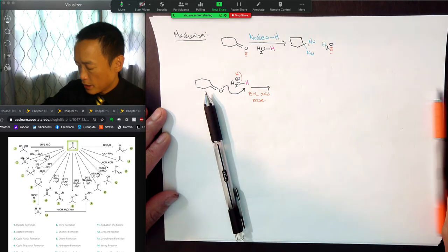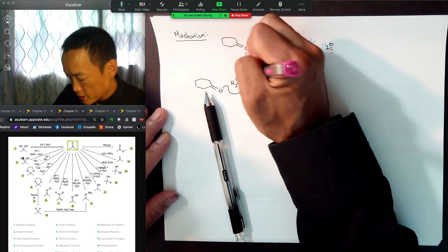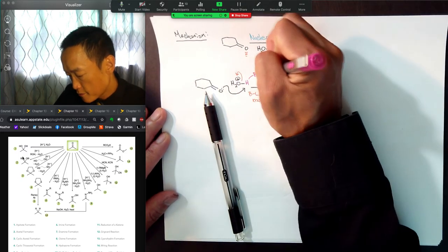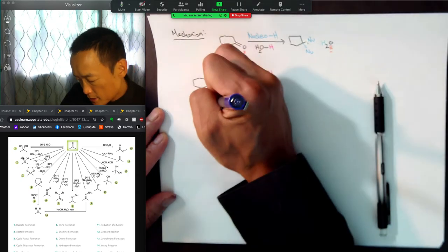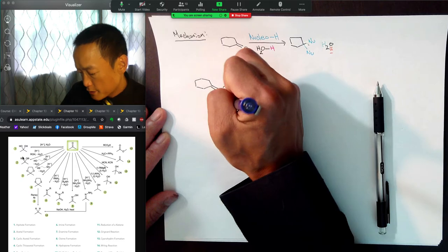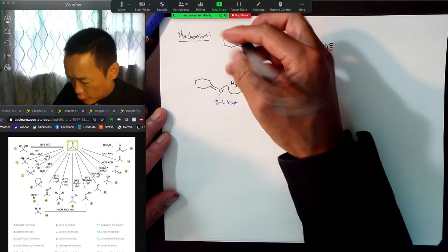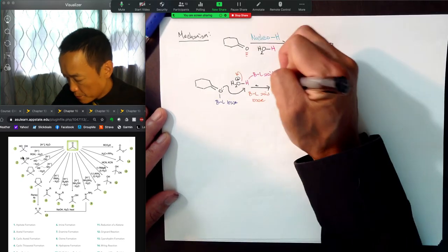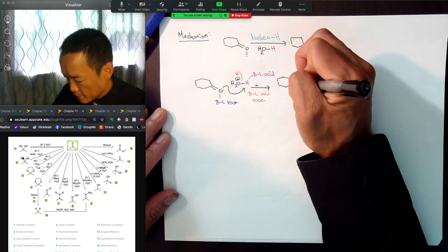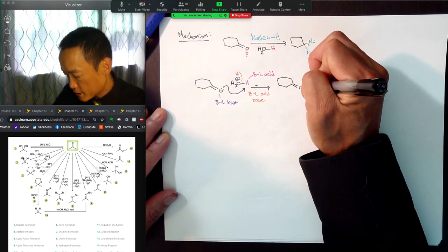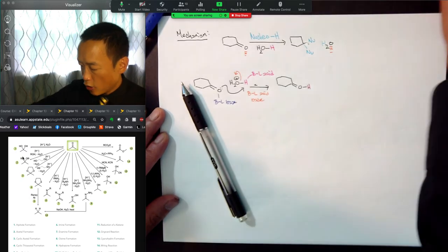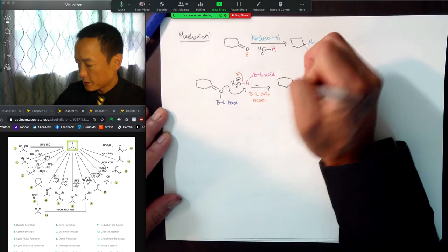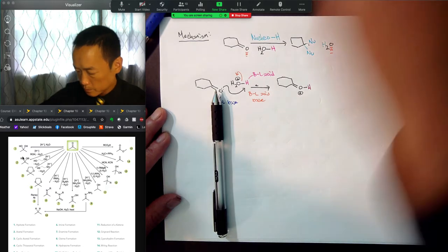We have a Bronsted-Lowry acid here. We have something that will behave as a Bronsted-Lowry base here. And so this equilibrium reaction would impart some type of proton on this oxygen, now making this a full-fledged positive charge.